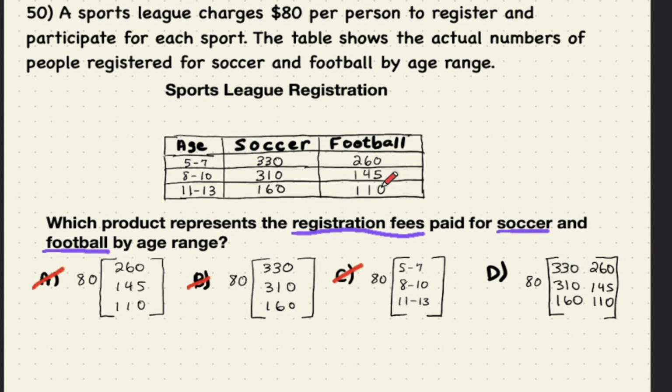Because 5 to 7 for soccer players is 330, 310, 160, and then football we have in this column, and the age range 5 to 7 is 260 that registered, and then 8 to 10-year-olds for football 145, 11 to 13-year-olds 110. So answer choice D is the correct answer.